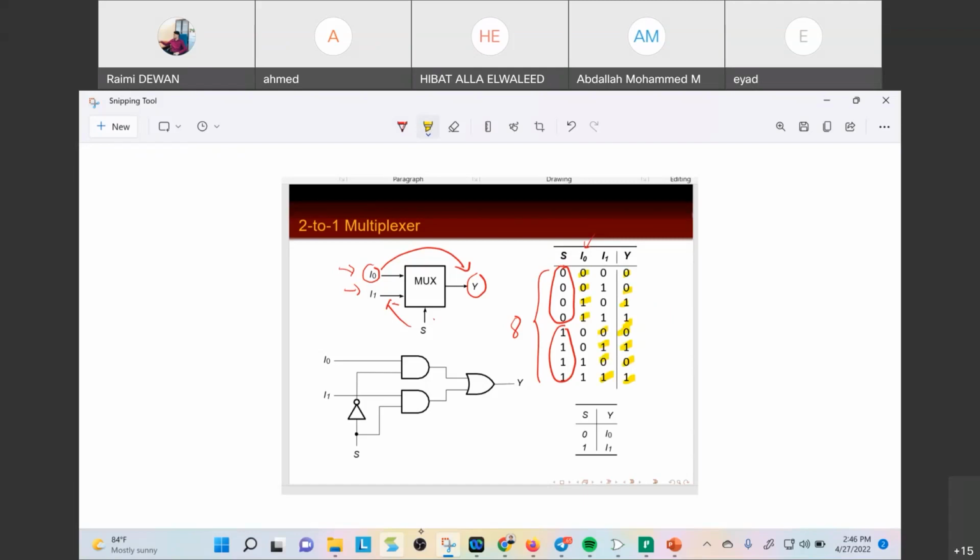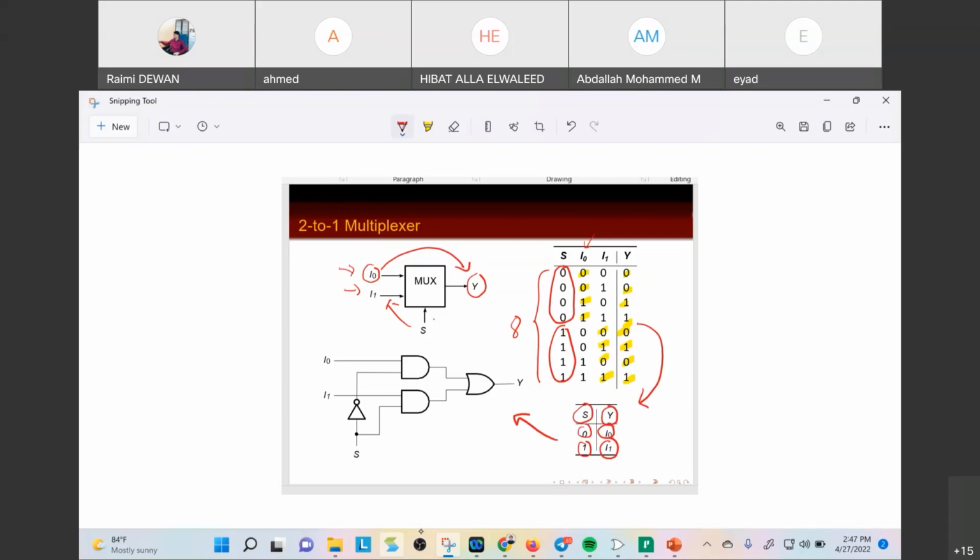Then after that, you can further simplify the truth table into this smaller version, where whatever selector we have, for the possible combinations of 0 and 1, the output will be following I0 or I1. And then you can make an equivalent circuit, much simpler.